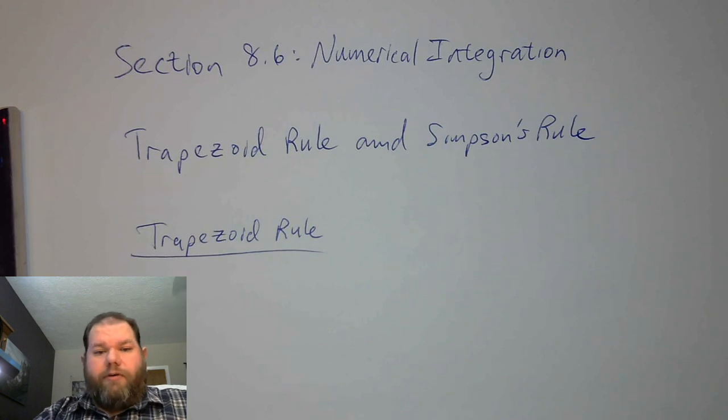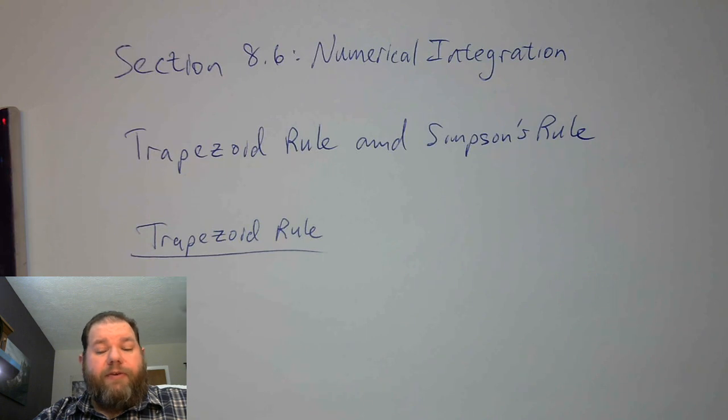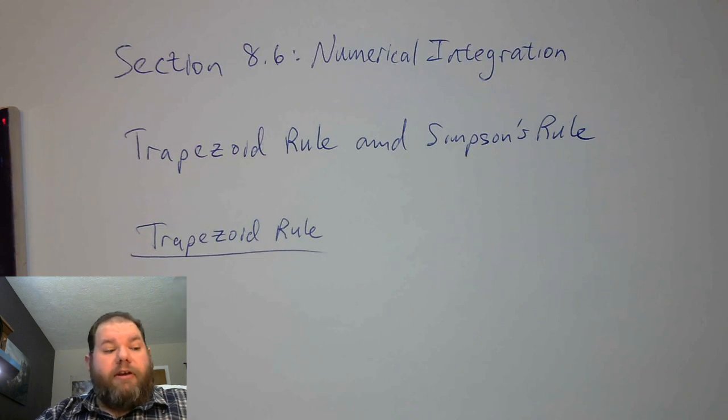In this scenario, the first thing I want to mention is that whenever we're using numerical integration, we're calculating the area under a curve, basically. So when you say trapezoid rule, it's the trapezoid rule for approximating the area under a curve.